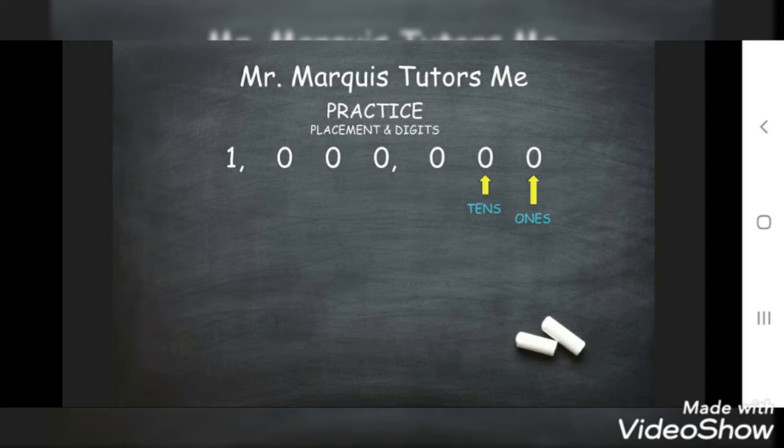And 10 starts it, 99 ends the tens place. A 9 ends the tens place, making it 100. Now you go back to the hundreds place, right? You have to have at least 100 to be in the hundreds place. That ends with the 9. And it starts over. 999 gets us to 1,000.